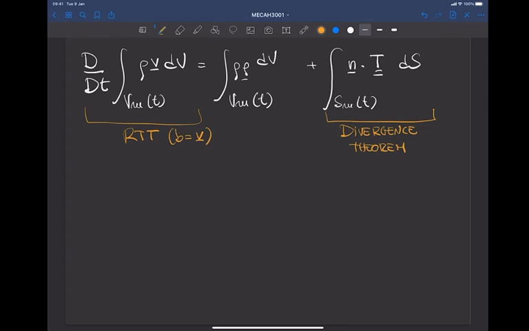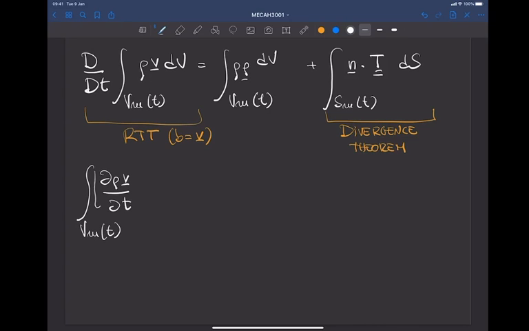And when I do that, I get the following. For the first part, you apply the Reynolds transport theorem, and I will have d rho v over dt, an integral over the material volume.